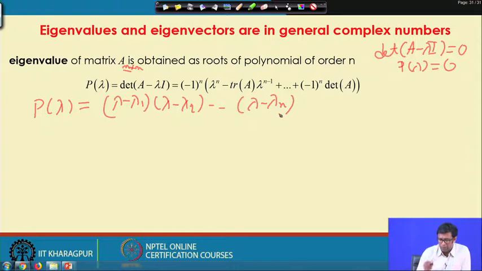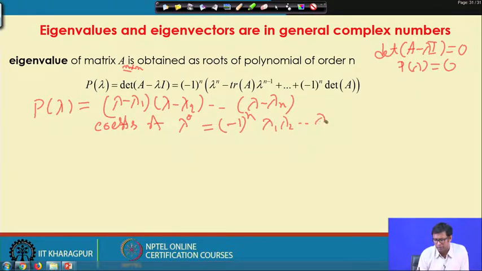And we compare the coefficients of lambda to the power 0, which is minus 1 whole to the power n, lambda 1, lambda 2 up to lambda n. Then we get determinant of A is equal to lambda 1, lambda 2 up to lambda n.